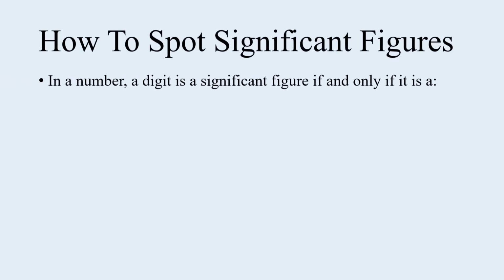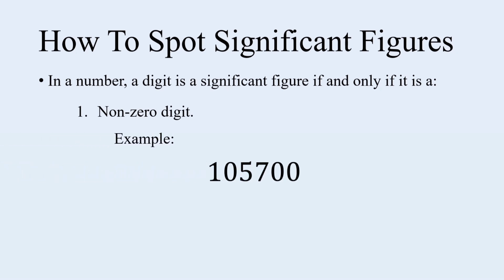A digit in any number is a significant figure if and only if it is a non-zero digit. So, any non-zero digit is a significant figure. So, for example, if we look at the number 105,700, the digits 1, 5, and 7 are all significant figures.